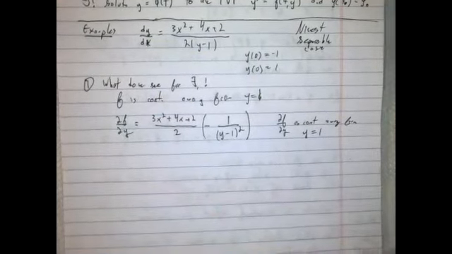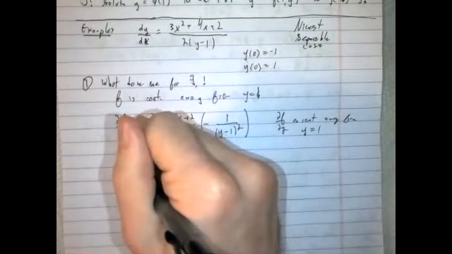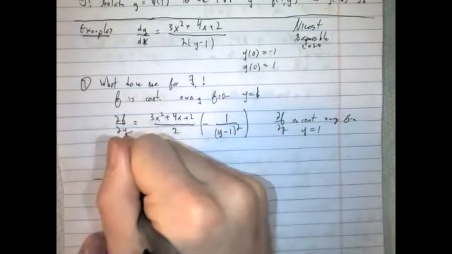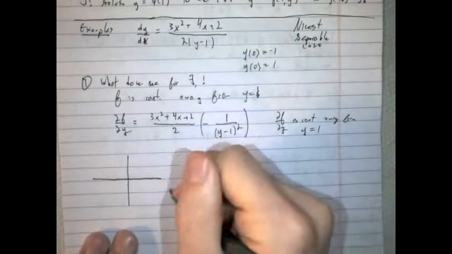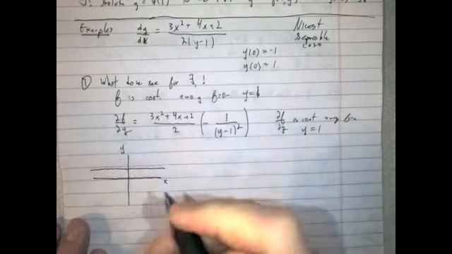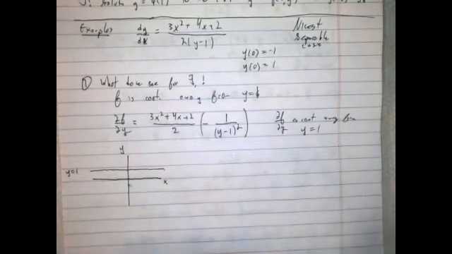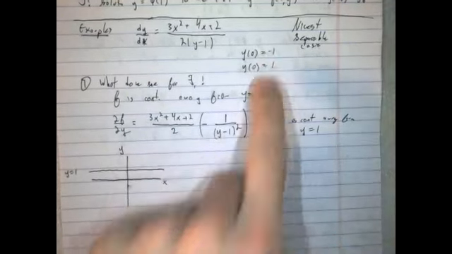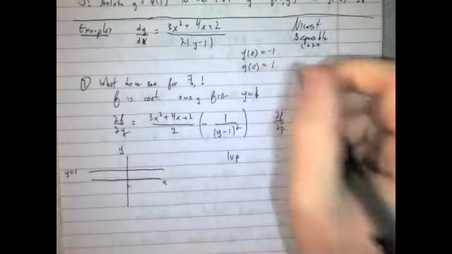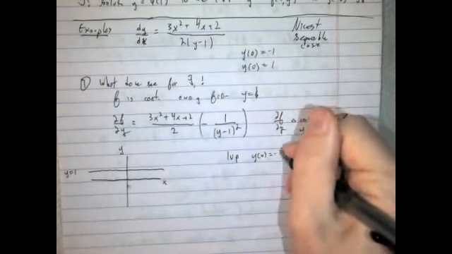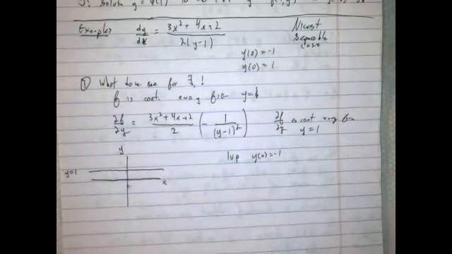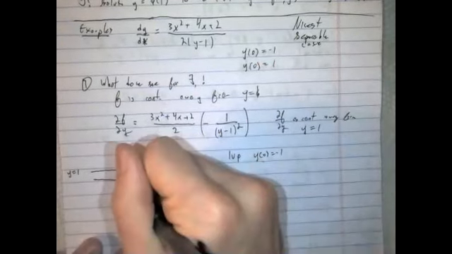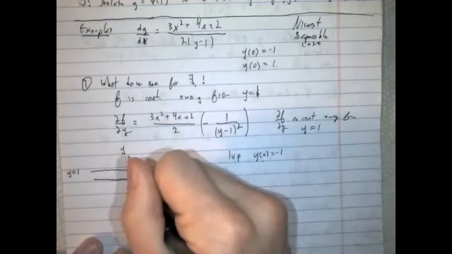So let me plot the x and y axis, the xy plane. This line at y equals 1 is a bad line that we have to avoid. So just looking at this right now, let's consider the IVP with initial data y(0) = -1. So what is the point (0, -1)? Well, it's this point right here. This is (0, -1).